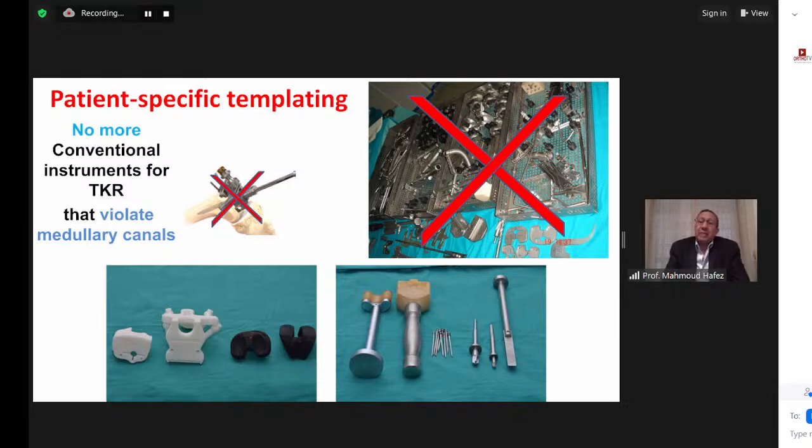And you eliminate the use of all these conventional instruments, focusing only on very small supporting instruments, in addition to the hammer, which is already in every orthopedic tray, and just the trial templates or trial implant, which you can also make from the same material that you're using for the guide. Here you can see the guide in white and the templates in black.